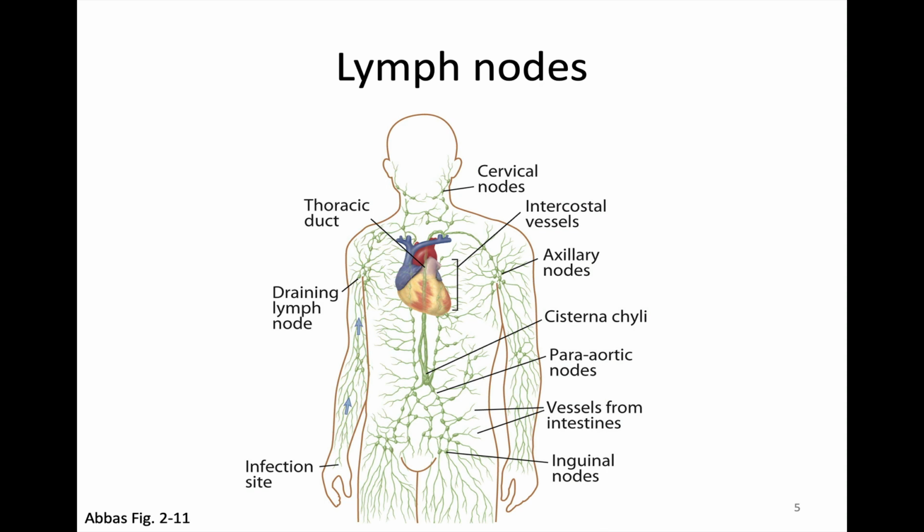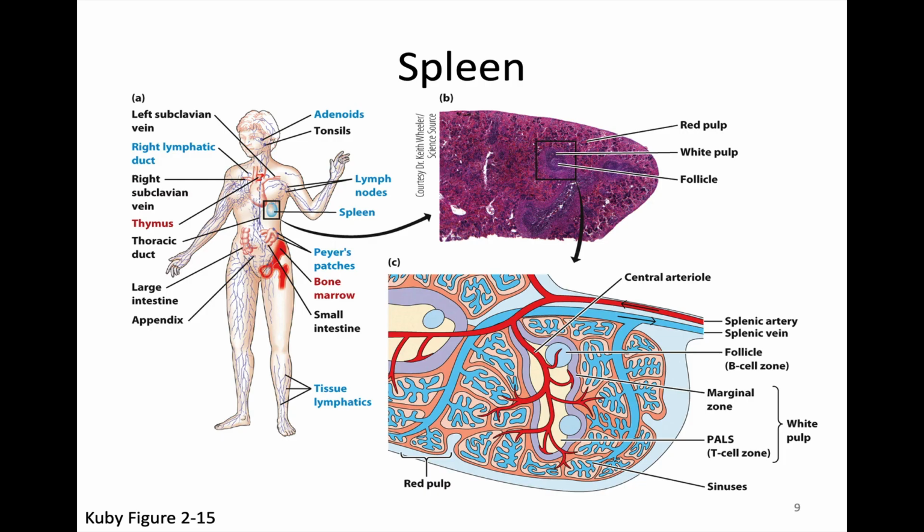In addition to the lymph nodes, there are some other secondary lymphoid organs. The most famous of those is the spleen, which you can see here. It is in the abdominal cavity, right in the back.